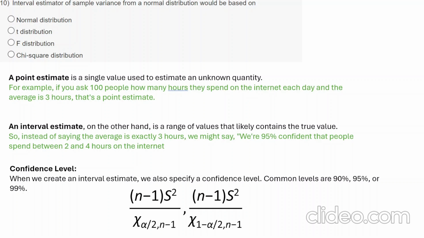So the last and final question is the 10th question: the interval estimator of sample variance from a normal distribution would be based on what? The options are normal distribution, t distribution, f distribution, and chi-square distribution. We know the normal, t, and f distributions.